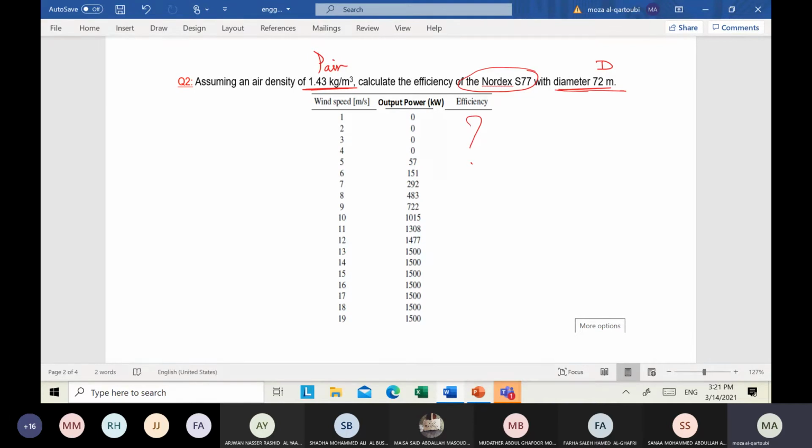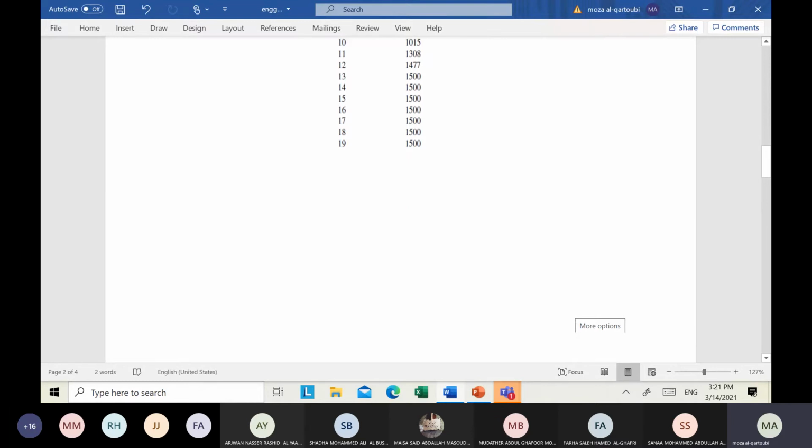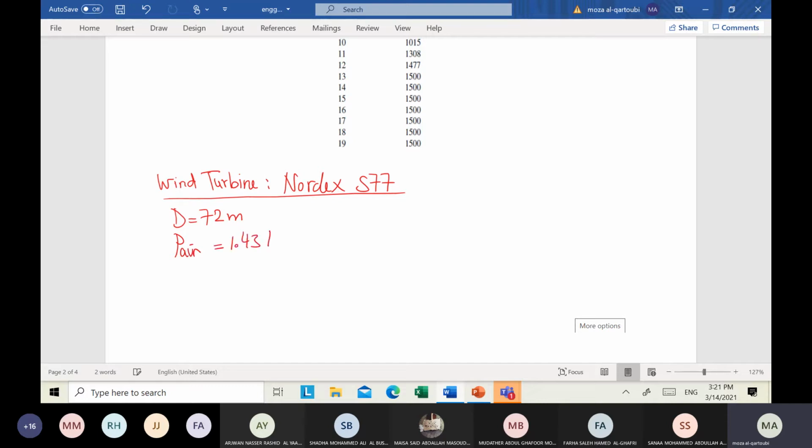Okay, so I will write the data again here. Given the type of wind turbine, Nordex S77, with diameter equal to 72 meter. We have air density equal to 1.43 kilogram per meter cube.